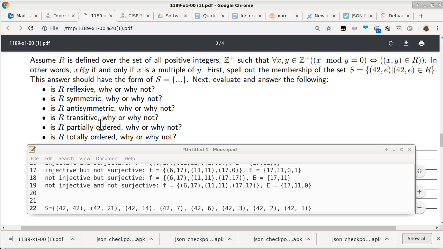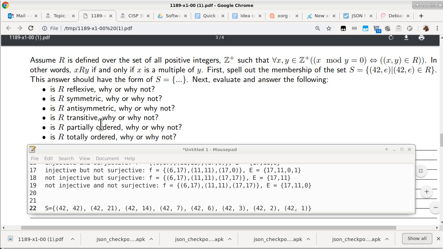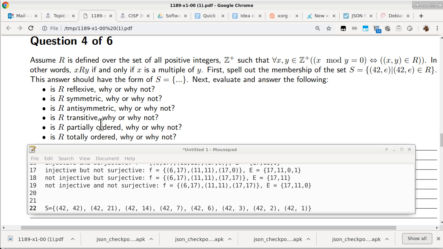Fourth item: is R transitive? In other words, I'm asking you, give me values for A, B, and C. If A is a multiple of B and B is a multiple of C, can we confirm A is a multiple of C? Okay, meets that requirement. Check. It is transitive. Next item, is R partially ordered?